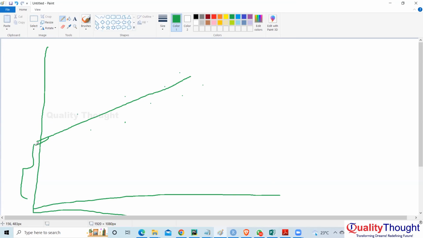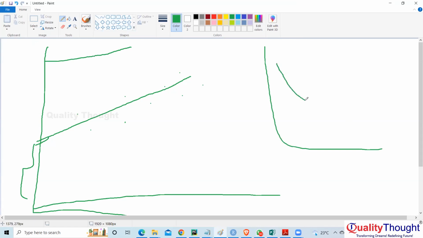move around. The concept is it finds the error. Maybe we'll start from somewhere here, and then slowly it is going to come down. Initially the dots are, let's say here, so the error will be maximum.